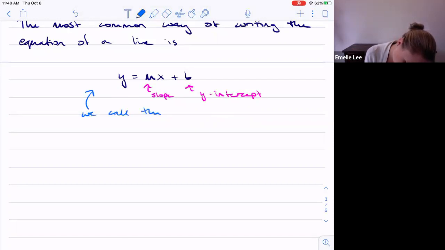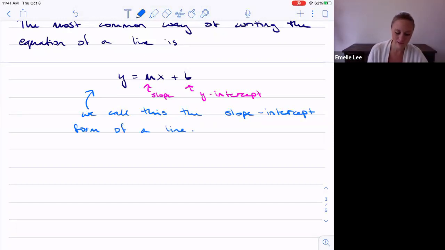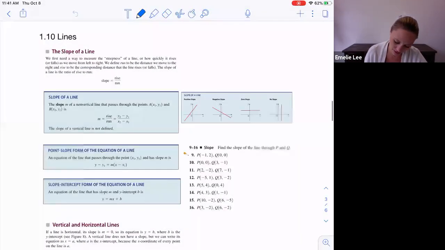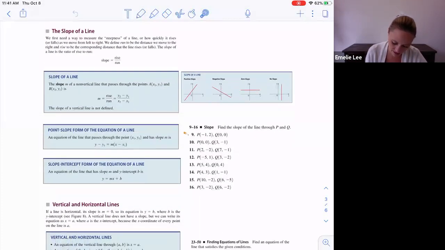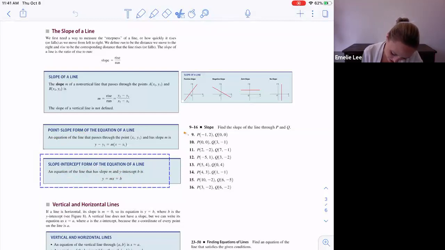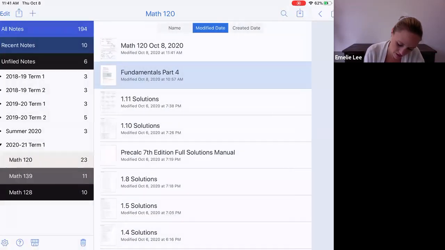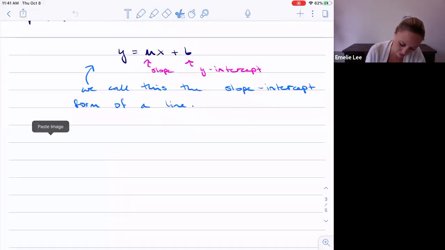We call this the slope-intercept form of a line. I actually skipped the point-slope form of a line for a little bit longer because I want to show the slope-intercept form first, because it's the most familiar, hopefully.